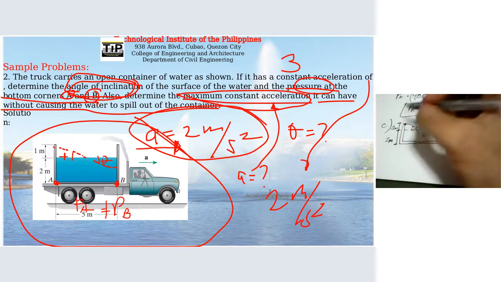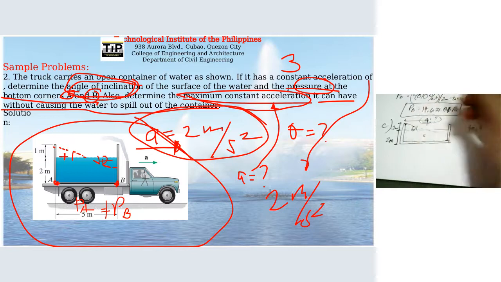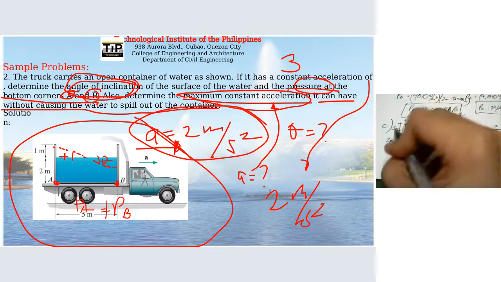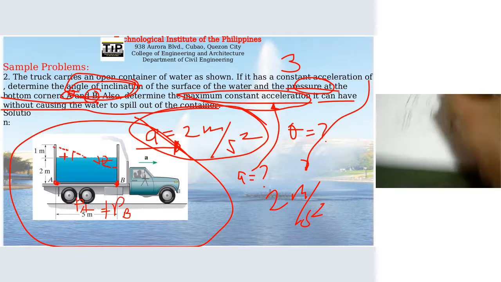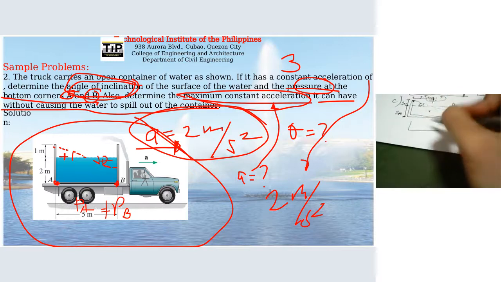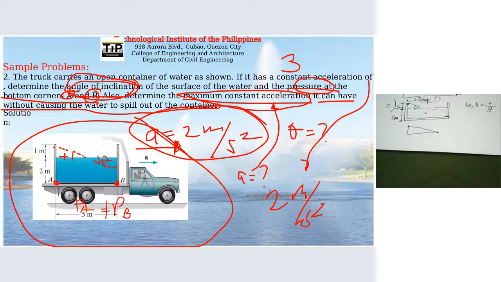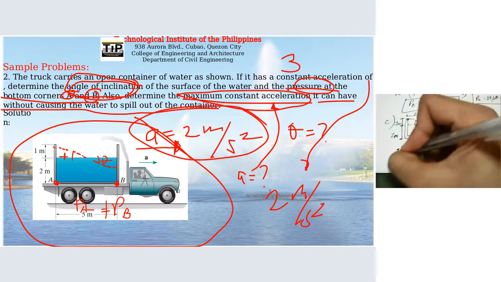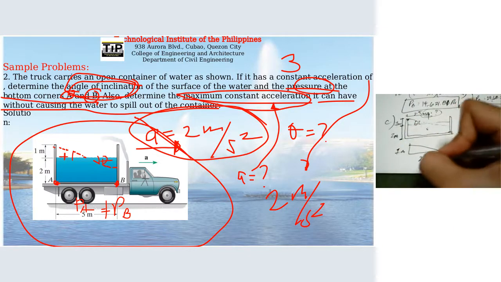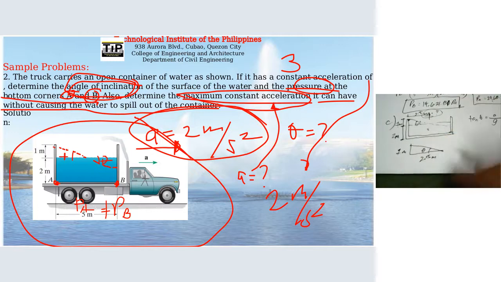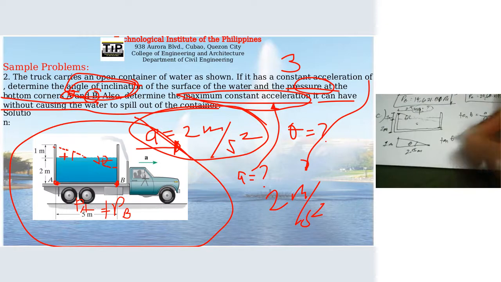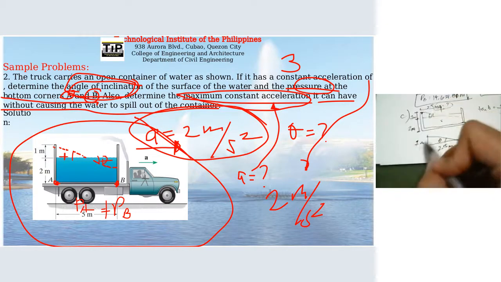So, how can we determine that? So, if this is 1 meter, this is 2.5 meters, it makes a right triangle. So, this is 1, this is 2.5, and this is your theta. Using tangent again, so tangent theta is equal to opposite over adjacent.